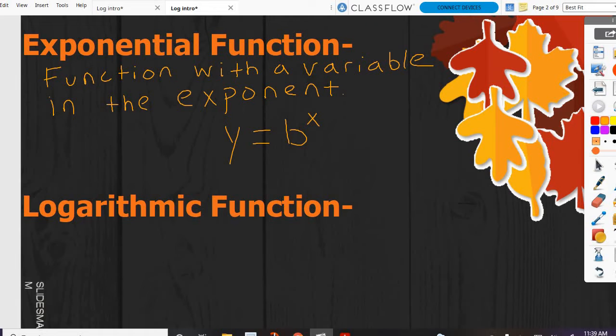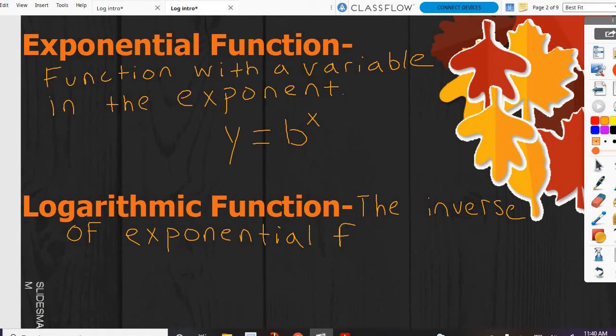They are the inverse, or basically they undo exponentials. So they allow us to solve for our exponents.